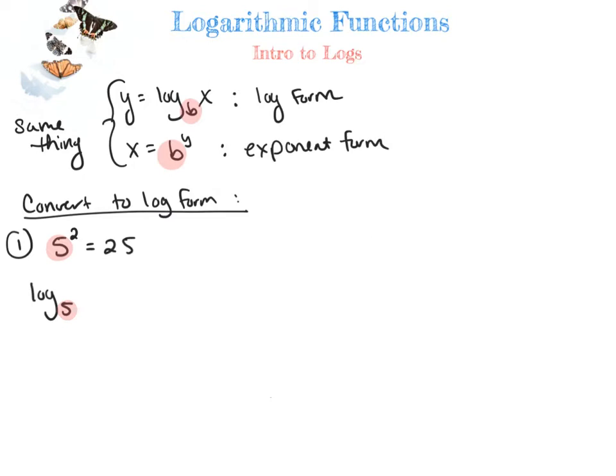The second thing I want you to notice is that the inside of the log is what the exponential is equal to. So this 5 squared is equal to 25. That must be what goes right here.